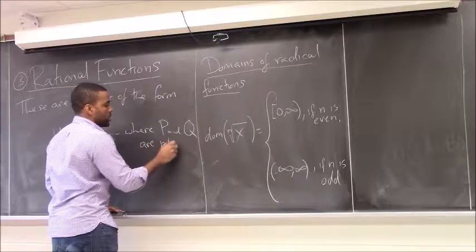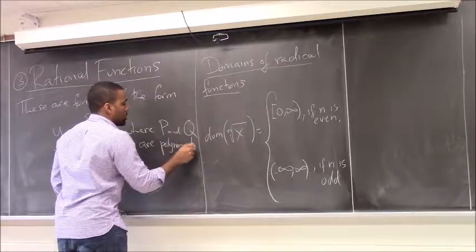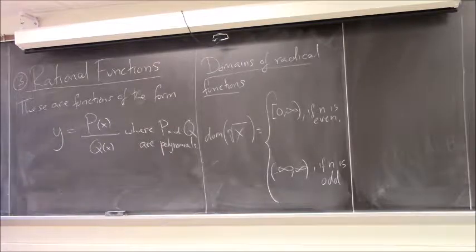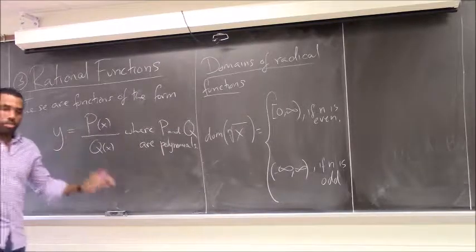So the first kind of function I talked about. If I take two polynomials and I divide one by the other, I get what we call a rational function.